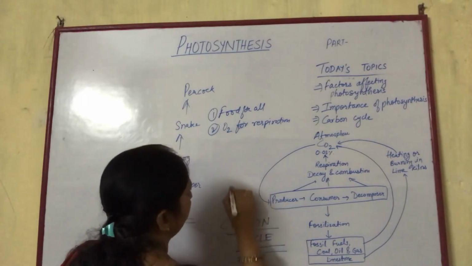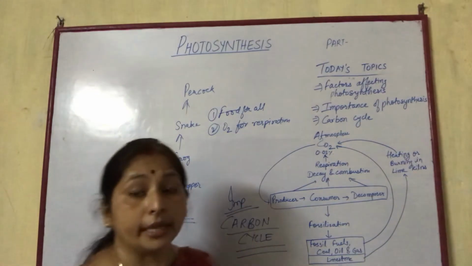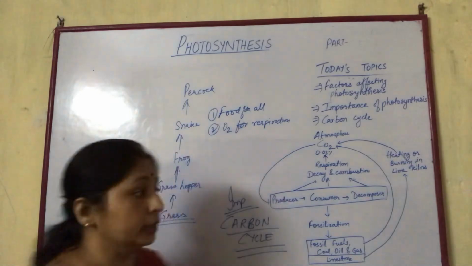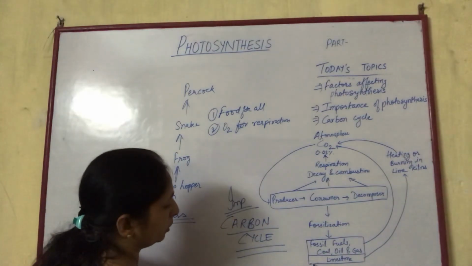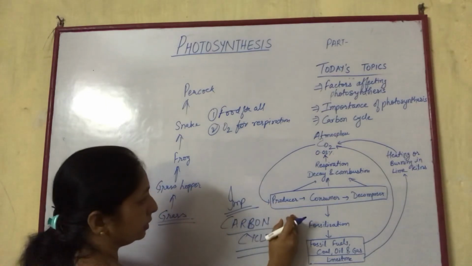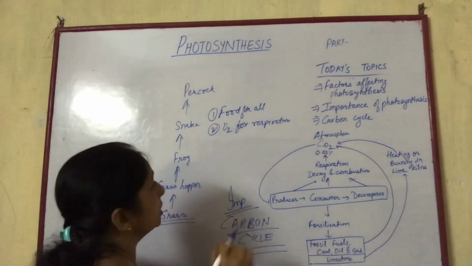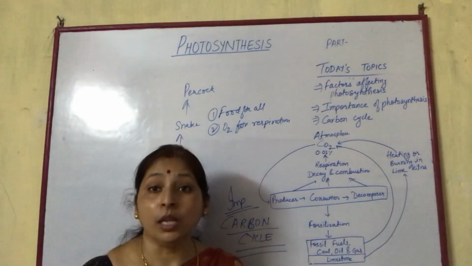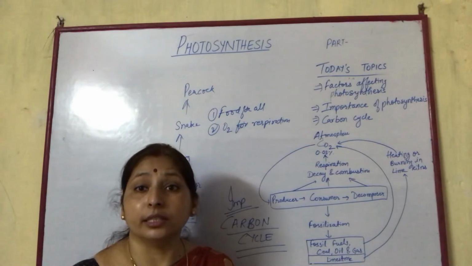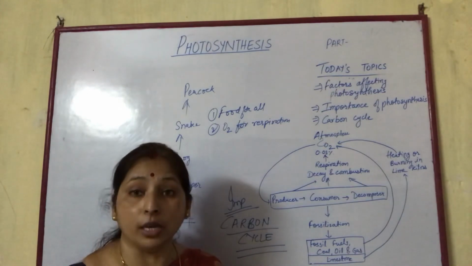This is very important for examination, the carbon cycle. The diagrammatic representation is also important, as well as the explanation. Questions related to these three topics: first, how photosynthesis is referred to as the process for producing food for all.